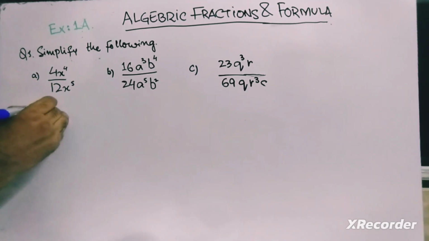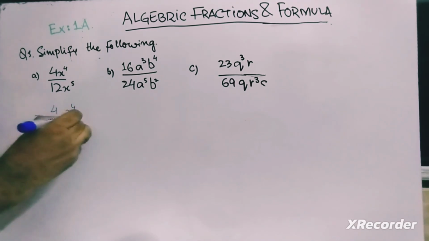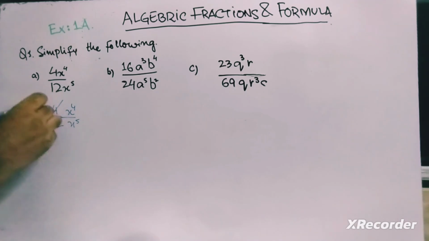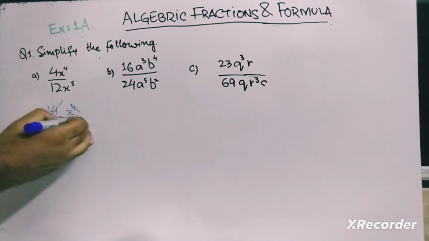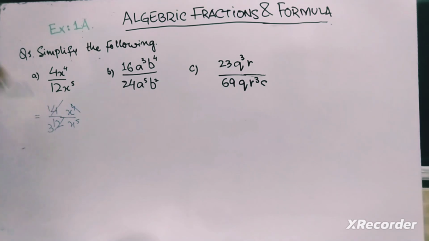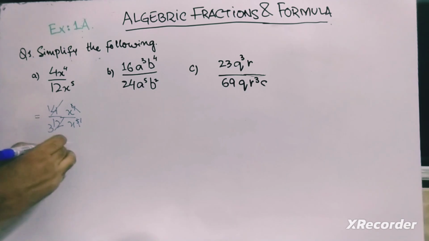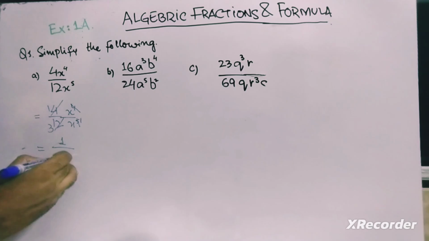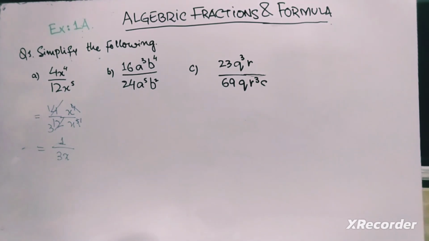So we can write 4 upon 12, and x^4 over x^5. 4 times 1 is 4, 4 times 3 is 12, and for x we can cut x^4 from x^5, so we get 1 upon 3x. Because there are 5 x's, the 4 x's are cut down by the numerator's 4 x's. So this is our required answer.